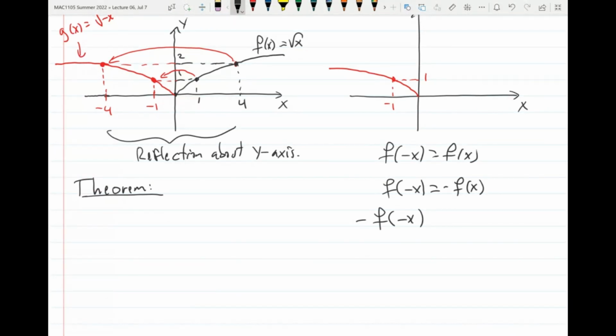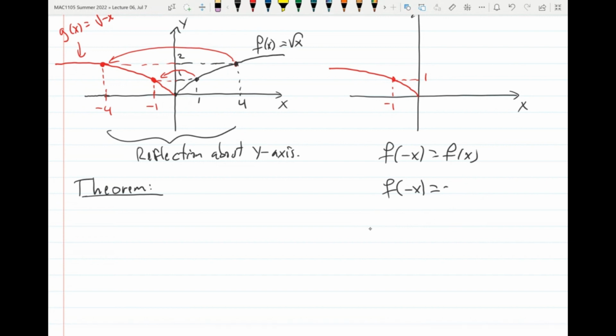Just f of x. So, if you have an odd function, if you do these two transformations, you're going to end up in the place that you started with. Okay? So, some fun little facts like that.